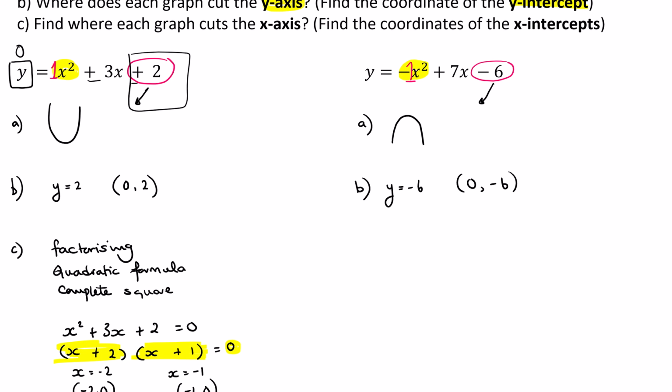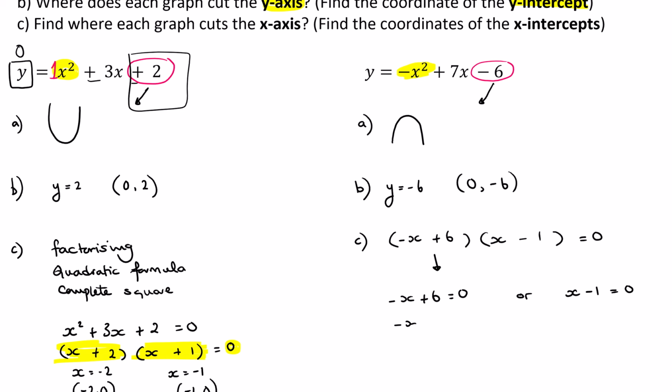I'm going to do the same here. Because of the negative coefficient, the easiest thing might actually be the quadratic formula, but I'm going to factorize. So this is negative x plus 6, and it's going to be an x minus 1. So solving, this means either negative x plus 6 equals 0, or x minus 1 equals 0.